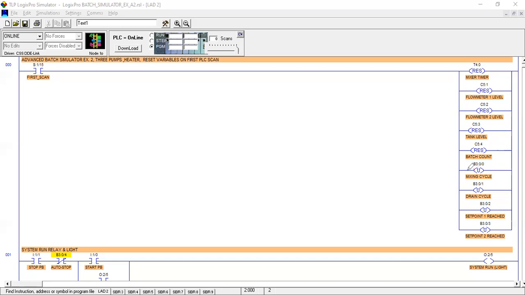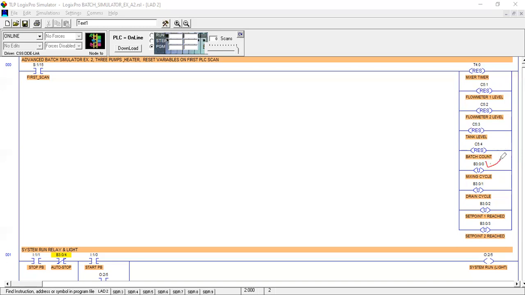After that we have the mixing cycle, so this is the unlatch. As we have discussed in our course, we have already discussed the latch instruction and unlatch instruction, so I hope you remember all those things.